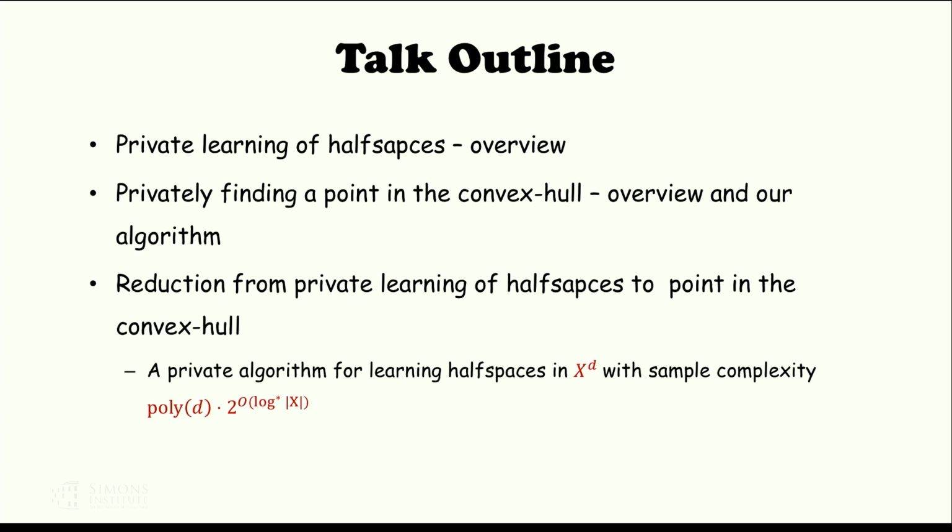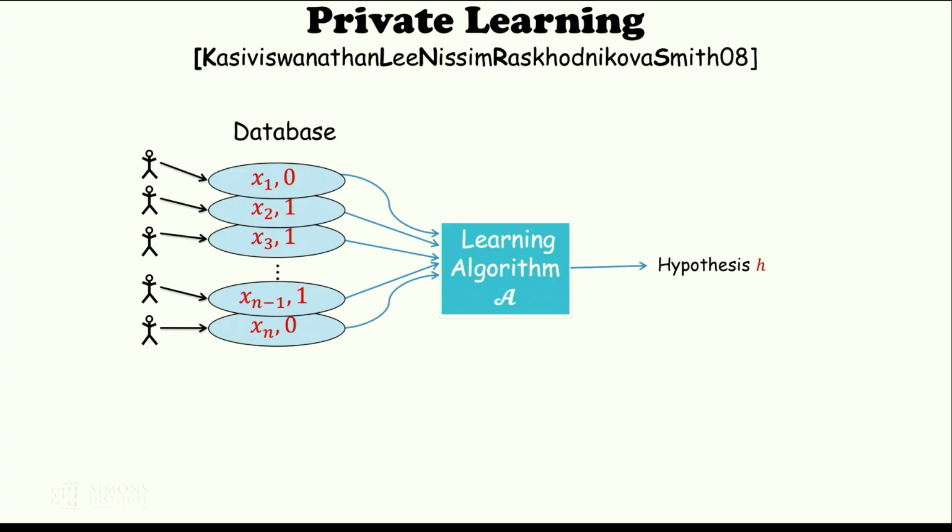So let's start talking about private learning of half spaces. Let's recall very briefly the notion of private learning defined in the Kasiviswanathan et al. paper. Again, we have records of people taken from some distribution. Each record is labeled by 0 or 1.